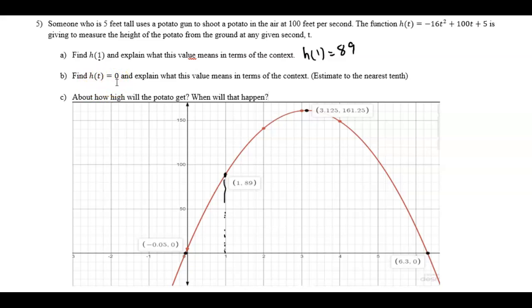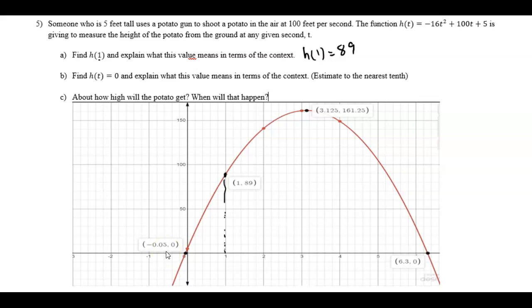What we need to do is find where y equals 0. If I check over here, when y is 0, there is this point right here, and also this point right here. You guys can see that.